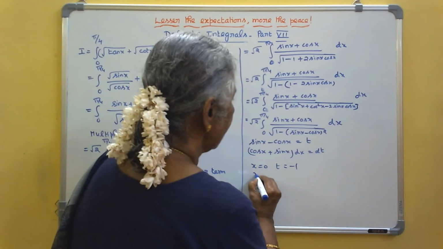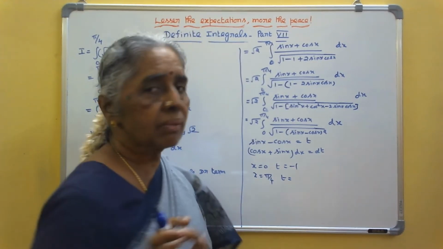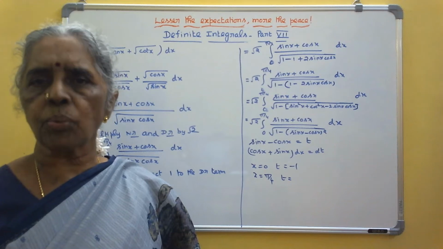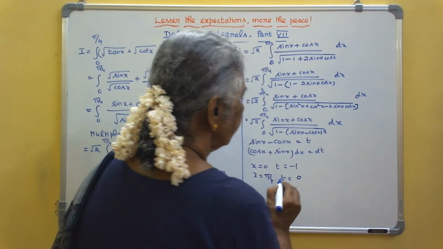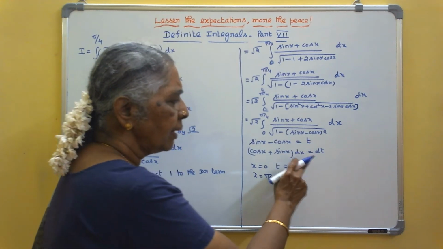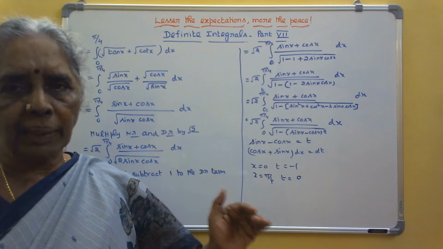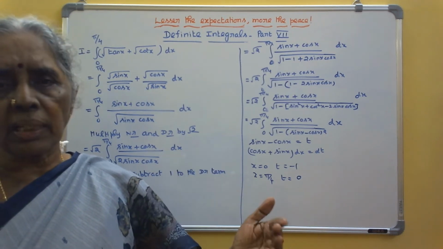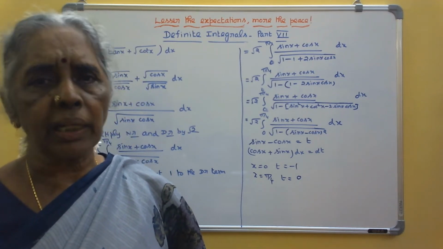When x is equal to pi by 4, t will be sin pi by 4, which is 1 by root 2, minus cos pi by 4, which is also 1 by root 2. They will cancel, so you will get 0. So you have substituted, differentiated, and changed the limits. Now we will convert the I in terms of t, then integrate, and then substitute the limits.